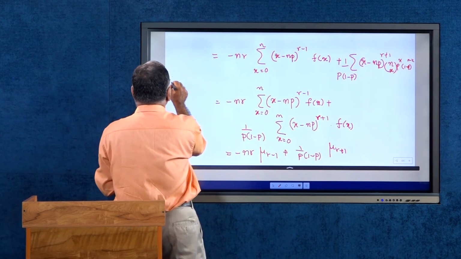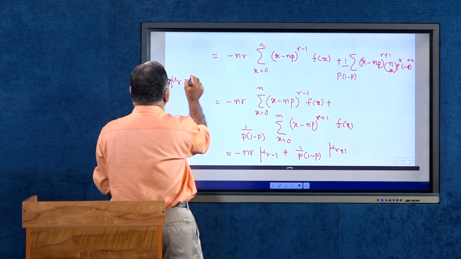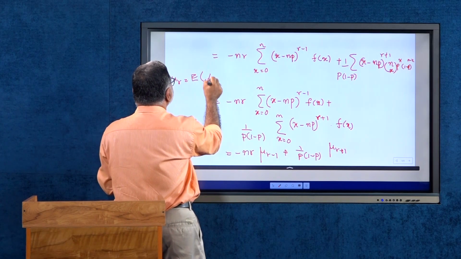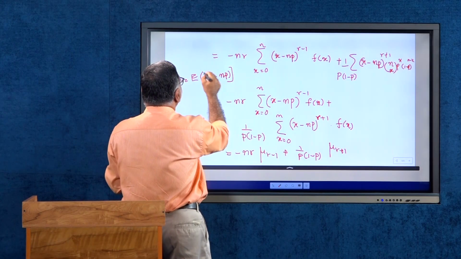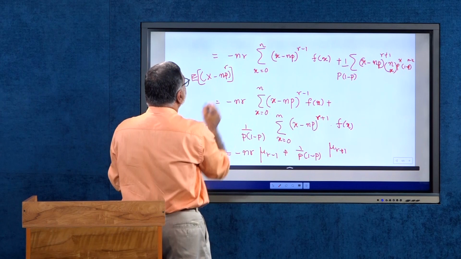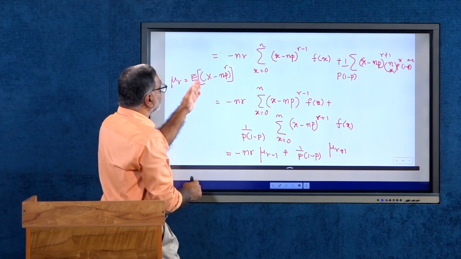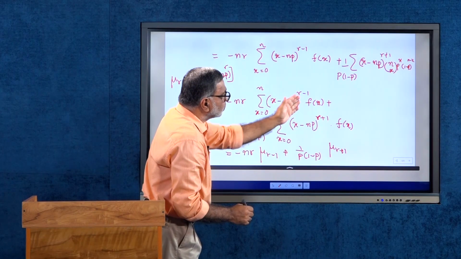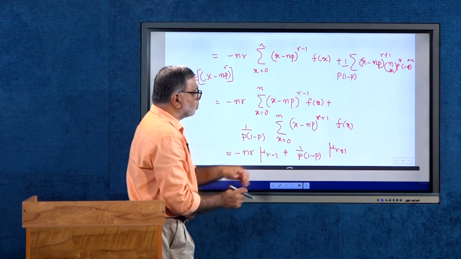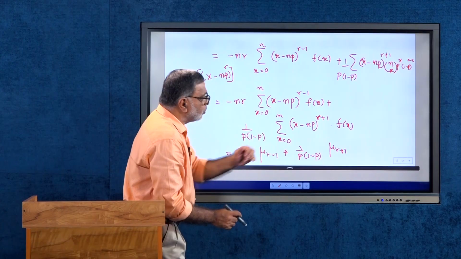Because we have mu r is expectation of (x minus np) power r. So, this is our (x minus np) power r minus 1 and this is (x minus np) power r plus 1. So, these are mu r minus 1, mu r plus 1.